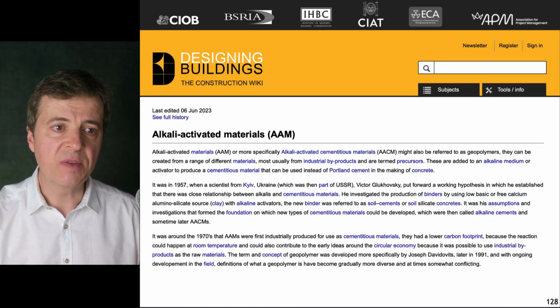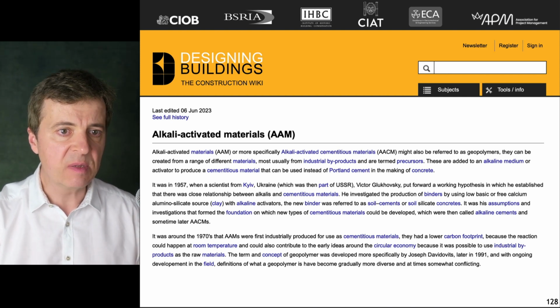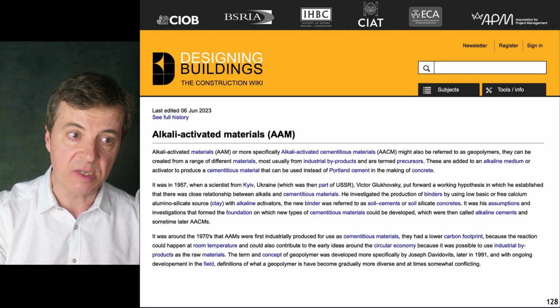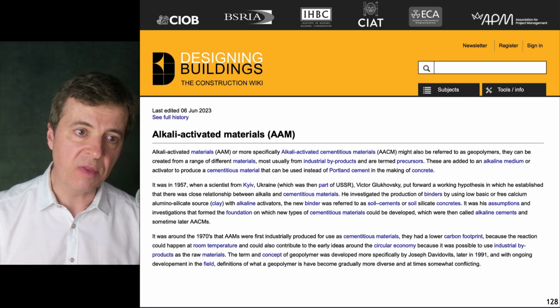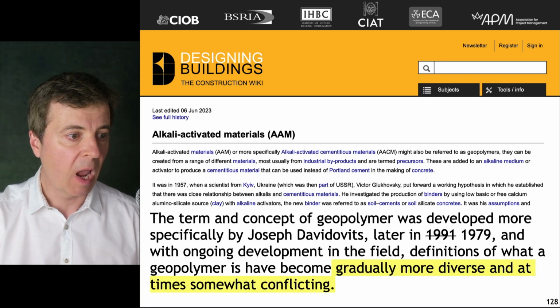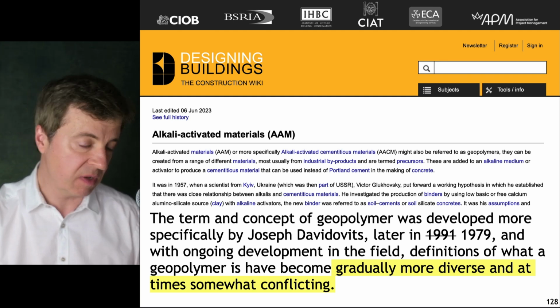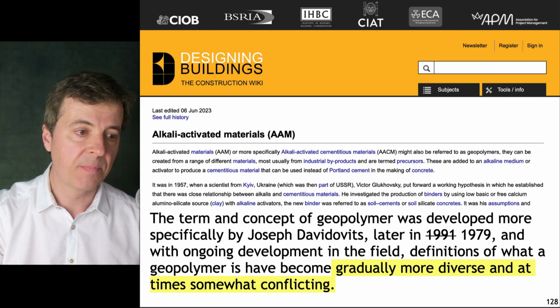In 2023, the Designing Buildings website, which is funded by several major building organizations in the United Kingdom, again makes a very interesting comment on the alkali activated materials page. The term and concept of geopolymer was developed more specifically by Joseph Davidovits later in 1979.